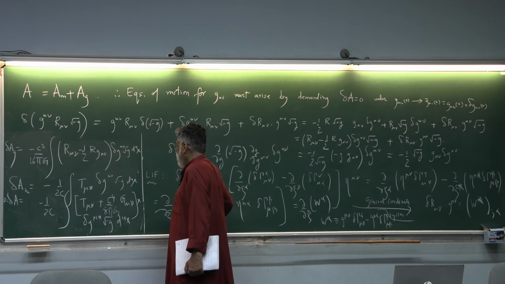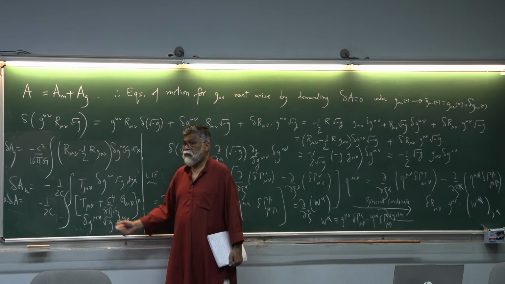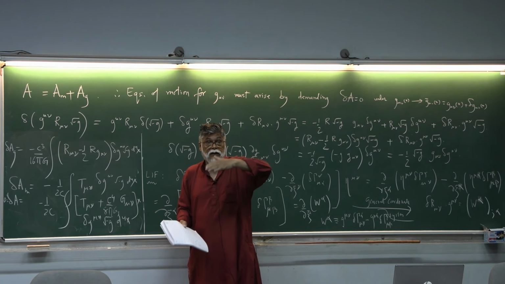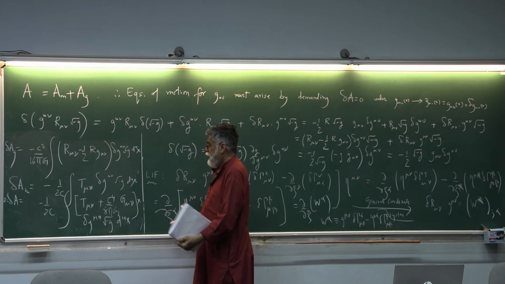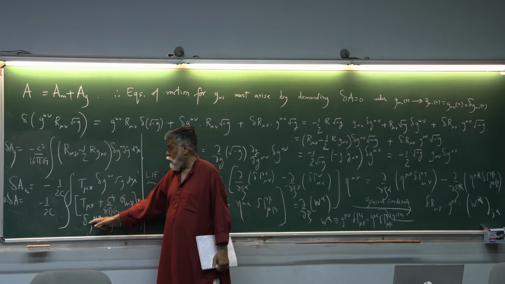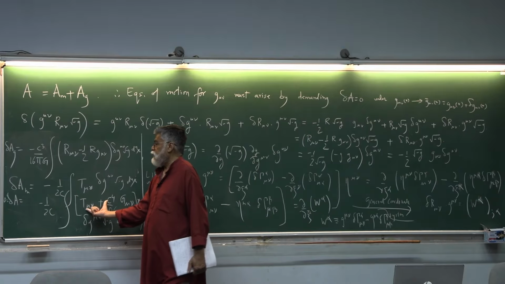So this must be equal to 0. But this is an arbitrary delta g mu nu, your excursion from the true evolution of the metric. If this equation has to hold for arbitrary delta g mu nu at every space-time point, then this must be equal to 0 itself.